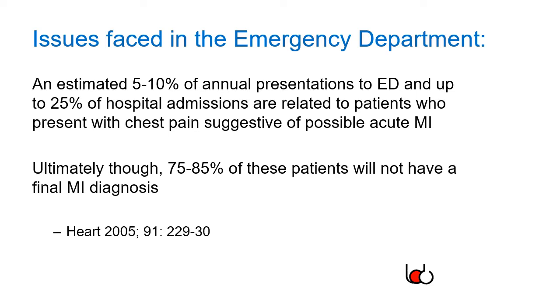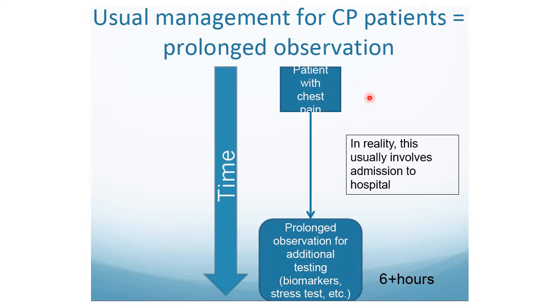So in the ED, an estimated 5 to 10% of annual presentations and up to 25% of hospital admissions are related to patients who present with chest pain suspicious of possible acute myocardial infarction. Ultimately, however, the vast majority, maybe up to 85% of these patients, will not have a final MI diagnosis. Previously, patients typically presented with chest pain and underwent a prolonged period of observation and additional testing in hospital, which in reality often necessitated admission.